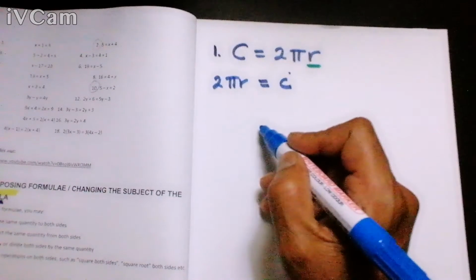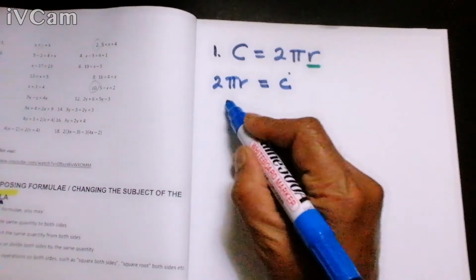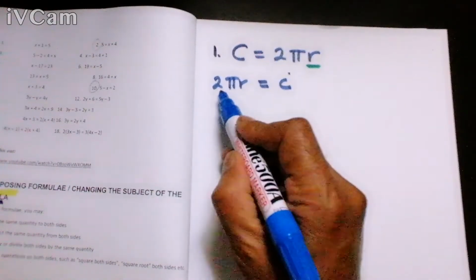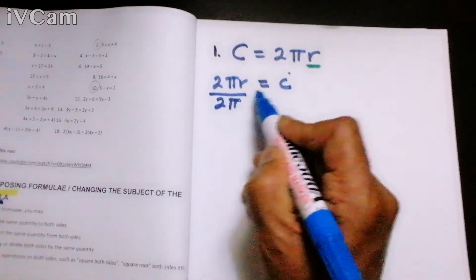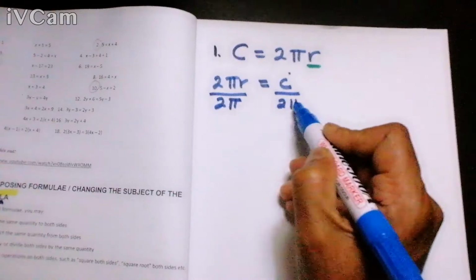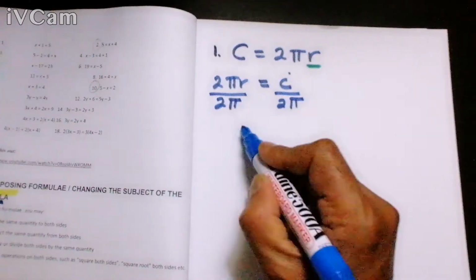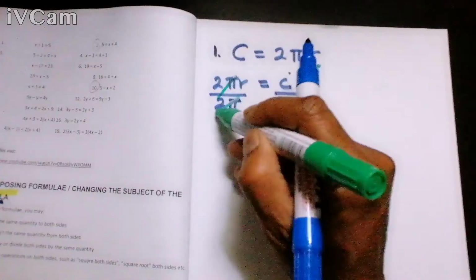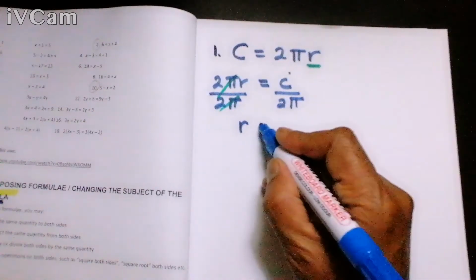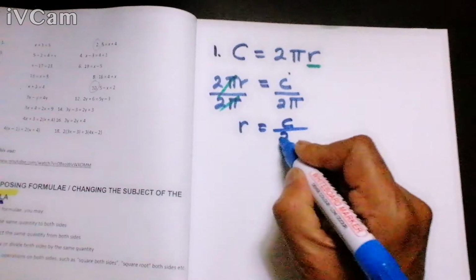Eventually I want r to be the subject of the formula, and because there's 2 pi here, I can get rid of the 2 pi by dividing, but then I'm going to need to divide by 2 pi on that side as well, and I'll have r equals c over 2 pi.